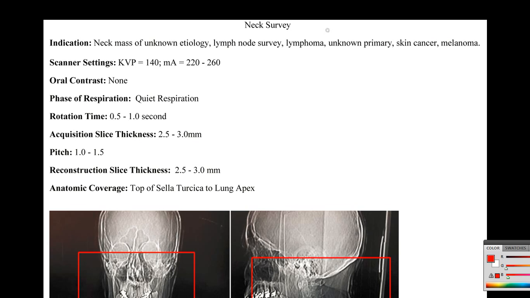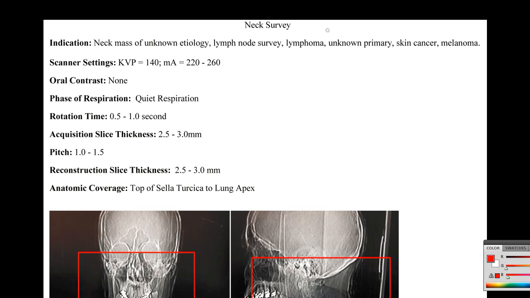So that brings us to a neck survey. As we'll see in the indication, this is kind of looking for things that we think could exist but not really knowing for sure that they do, such as a neck mass that has suddenly arisen on the patient.